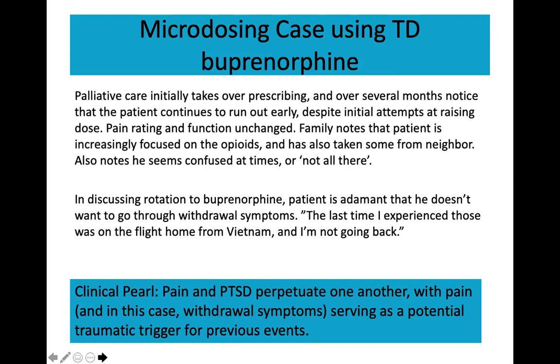So I didn't want initiation to be a trigger to this really negative past experience. This is also an important point to remember: both pain and PTSD symptoms perpetuate one another, and pain can serve as a potential traumatic trigger for previous events.